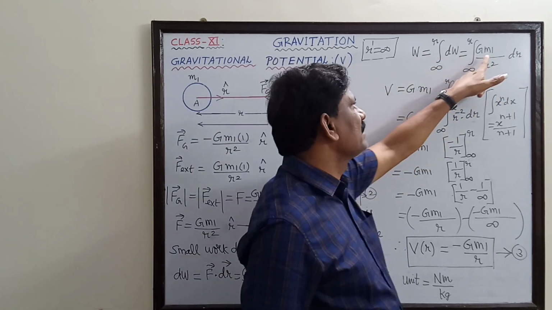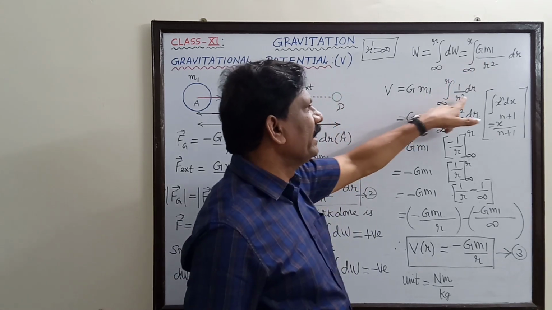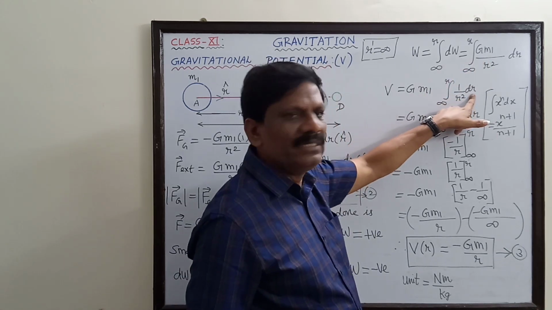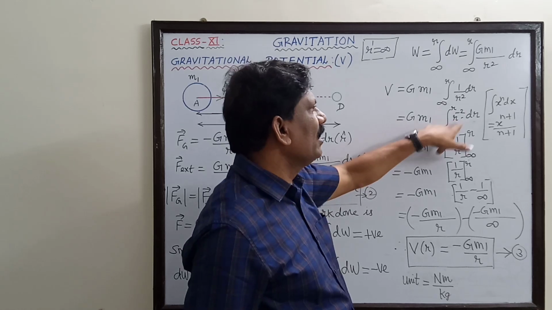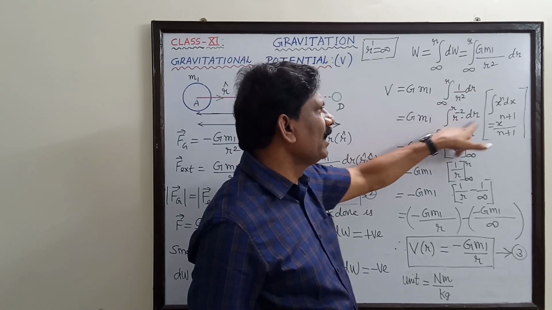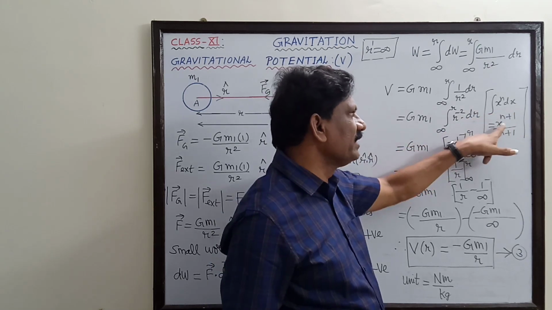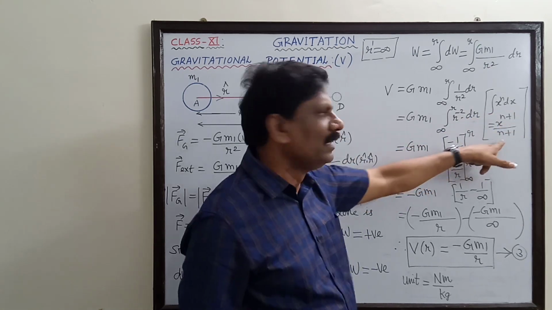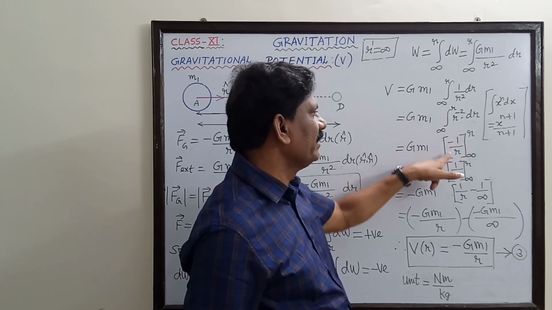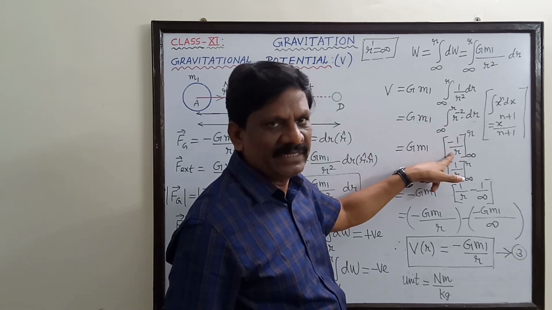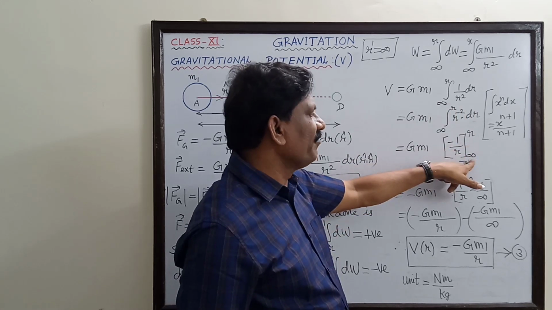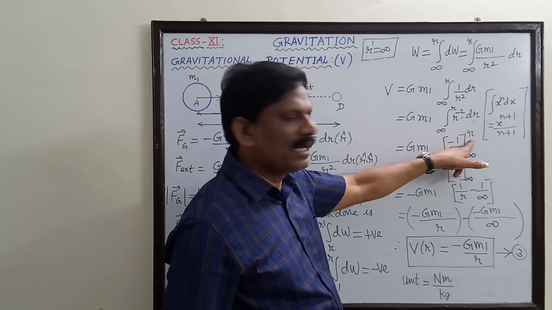So G m1 is constant, it is taken out. Integration is for 1 by r square into dr. So that is r power minus 2 into dr. Using the same integration, x power n dx is equal to x power n plus 1 by n plus 1. We get that the value of this integral is 1 by r with the negative sign. And the limits are from infinity to r.